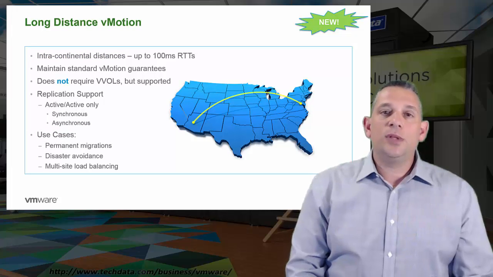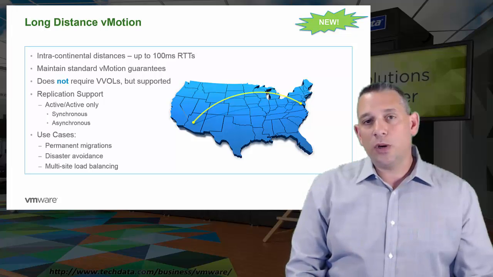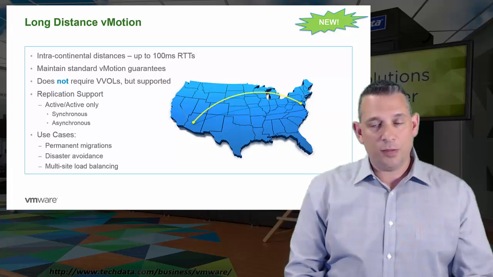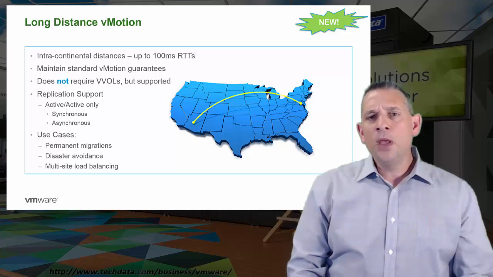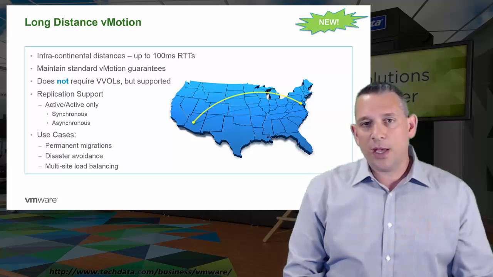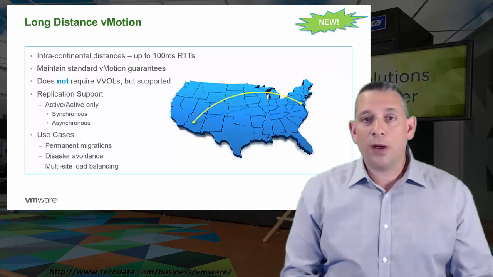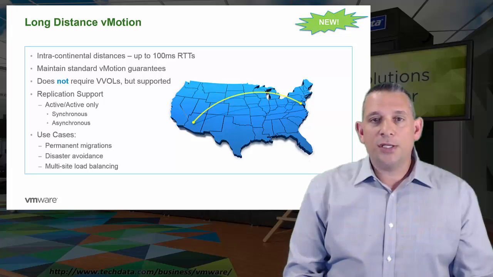Now, tied in with this capability of switch to switch and also vCenter to vCenter, we also have made the improvement to where we can do what's called long distance vMotion. Previously in 5.x versions, we had a 5 millisecond round trip time requirement for communication in order to be able to vMotion.